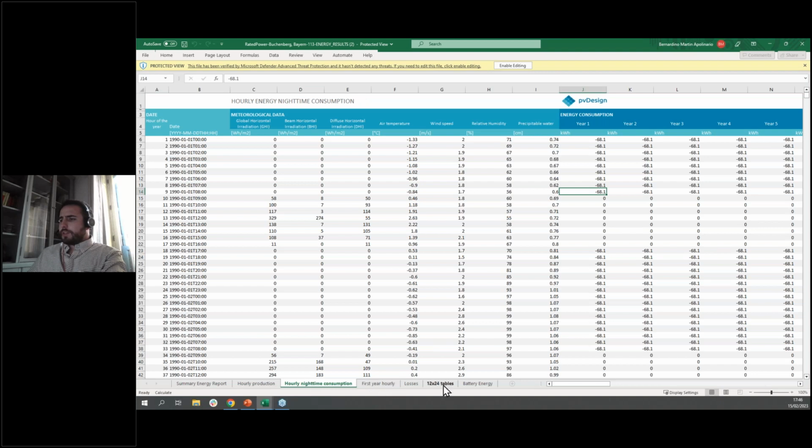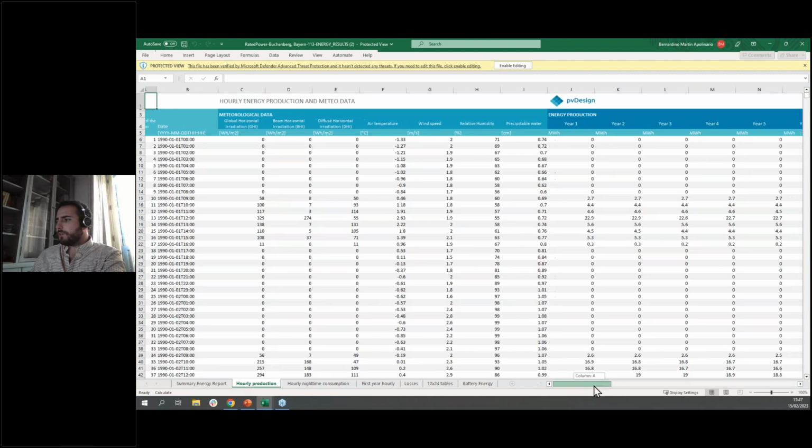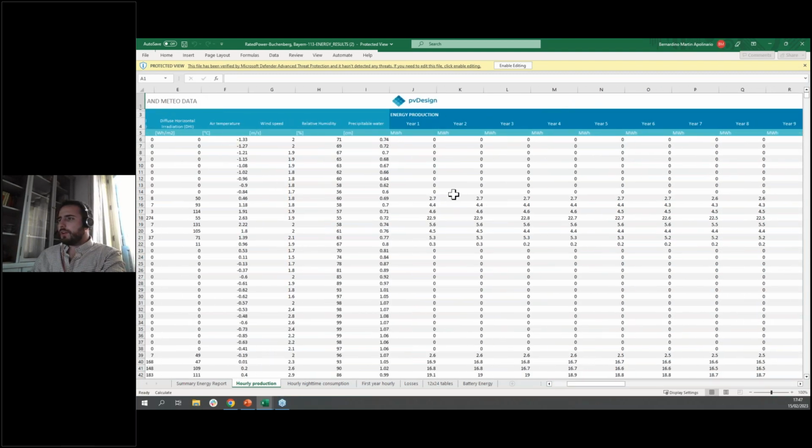We also have some tables where we can see the injection per hour and per month, so if we have a monthly or quarterly analysis, we can add all this data to get the production. By the way, we consider here in the yearly production the degradation of the module, so you don't need to consider it in your financial model if you're taking it directly from here.